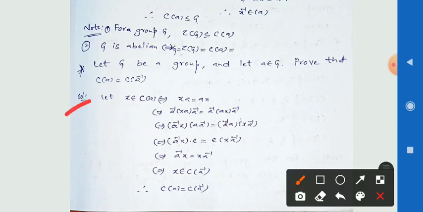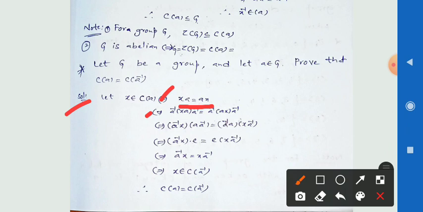Let x belong to C of A, meaning x is any element in the centralizer of A in G. By the definition we get xa is equal to ax. For this I multiply A inverse on the left and right sides, so we get A inverse x a A inverse is equal to A inverse a x A inverse, and this holds if and only if the condition is satisfied. By the associative property, A inverse into x into A inverse is equal to A inverse into a into x a inverse.